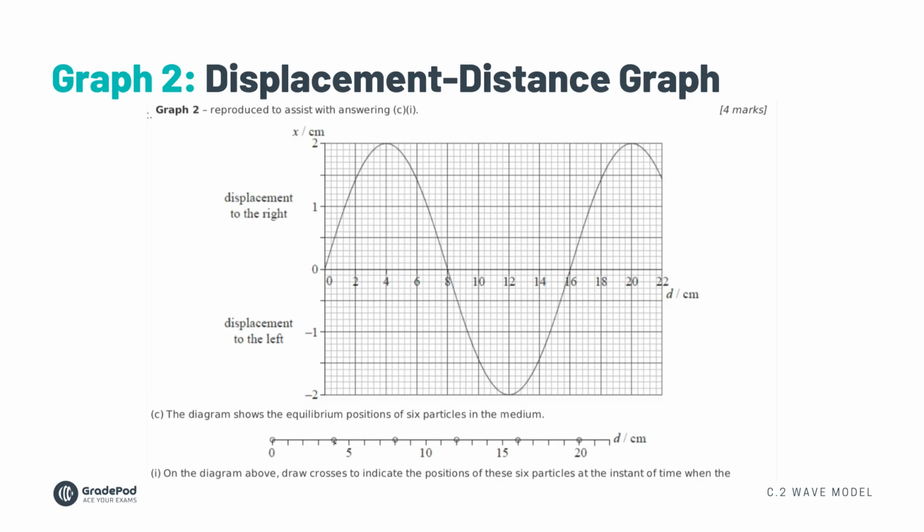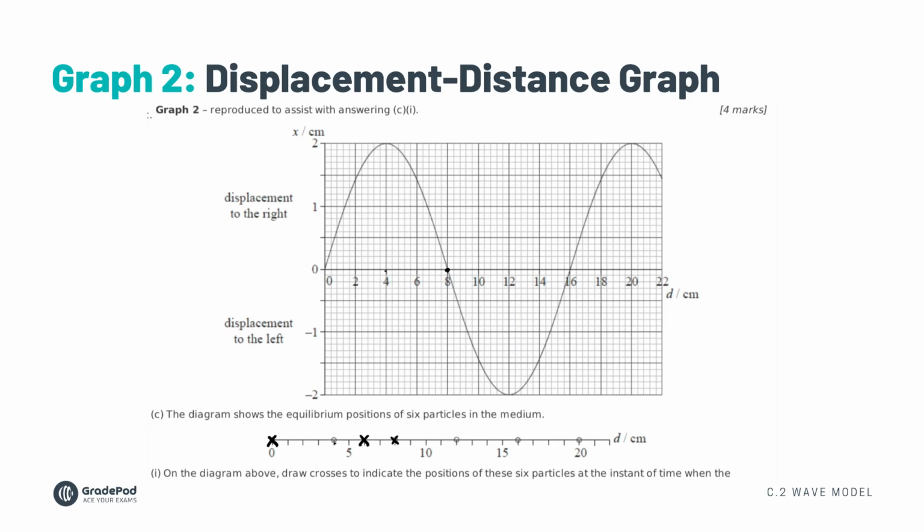So the 0 particle has 0 displacement, so that stays where it is. The 4 particle at 4 centimetres, when it's at equilibrium, has now been moved 2 centimetres to the right, 1, 2. The 8 particle is still in equilibrium, so that doesn't change.